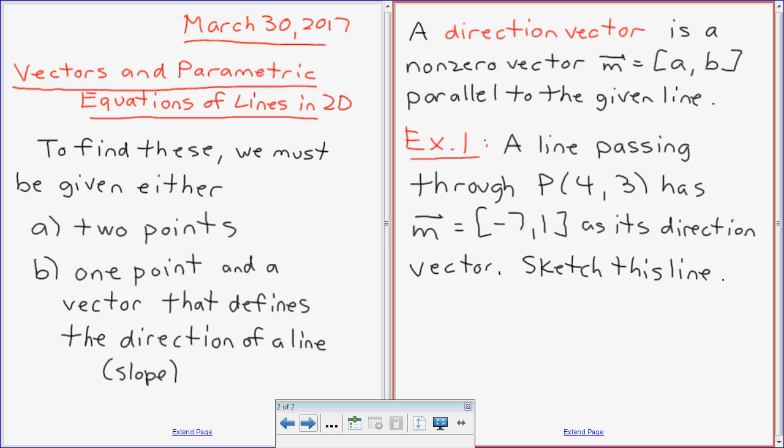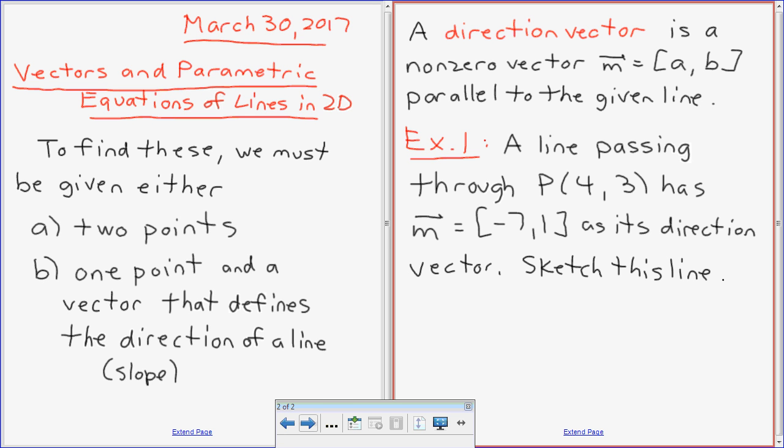Sketch this line. Now I know what you're saying. You're saying, Mr. Sadler, this is easy. Did this in grade 9. There's no big deal. I want to make sure we completely understand it in 2 dimensions, because when we go to the 3rd dimension, it's the same properties, the same ideas, but it's harder to sketch, harder to visualize, harder to do all that stuff. So I'm going to take it relatively nicely today.